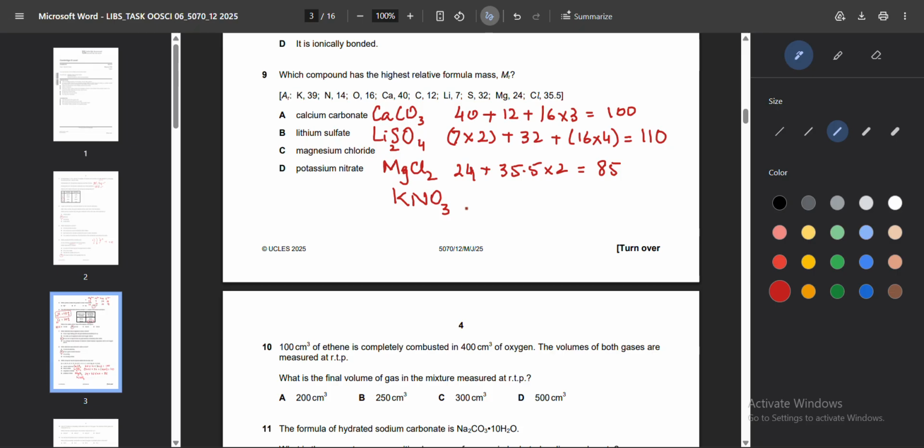KNO3 is potassium is 39 plus nitrogen is 14 plus oxygen 16 multiplied by 3. Its answer is 101. So which is the biggest answer? It is for lithium sulfate. So our option B is the correct answer.